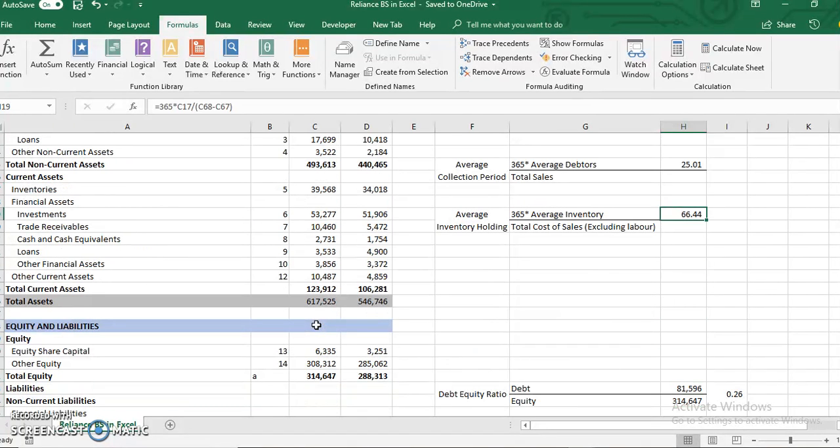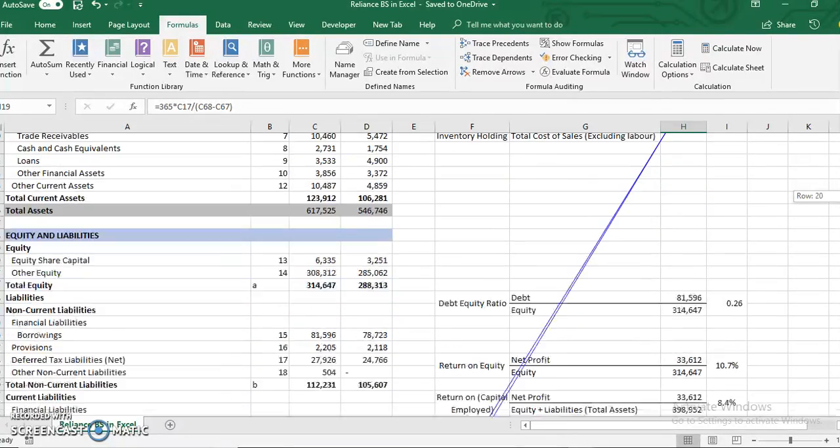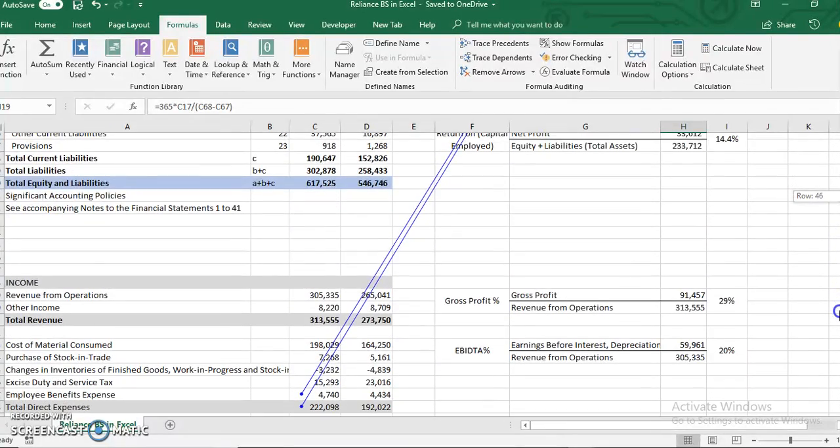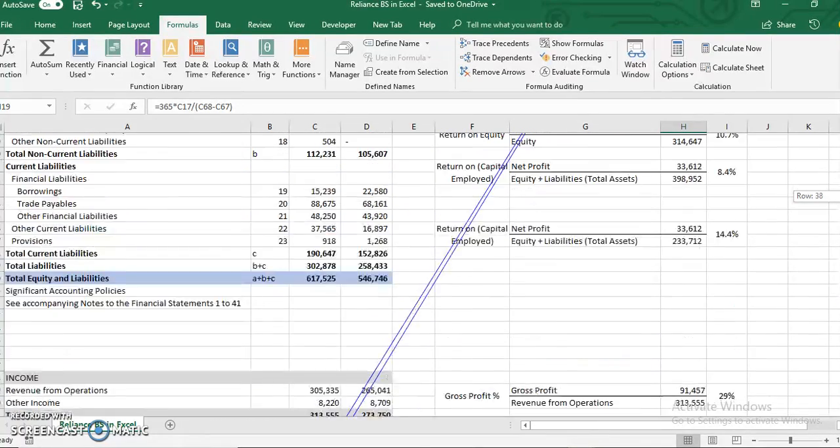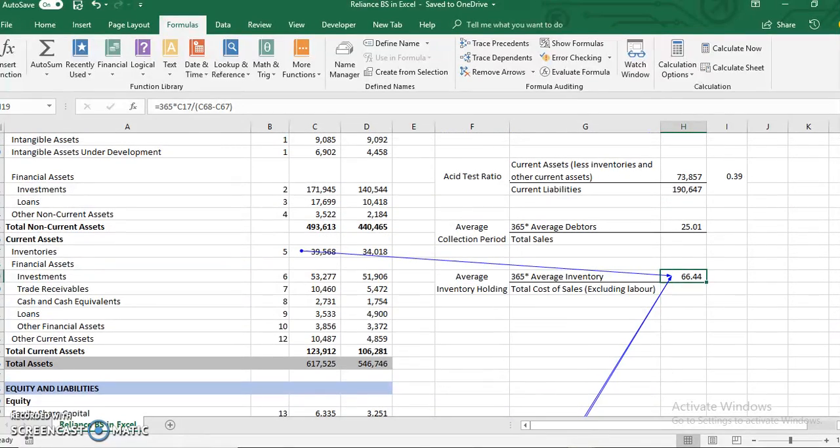Now the average inventory holding period is also calculated in a similar way. The average daily cost of sales, and this is divided by average inventory. Here it is 66 days, which is actually pretty high, because it means you are holding your inventory up to 66 days before it gets sold.